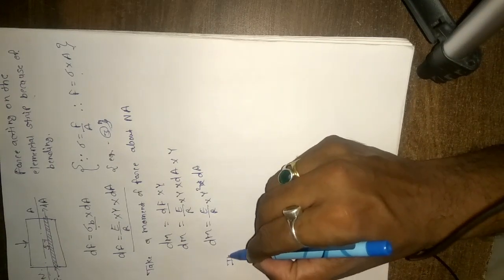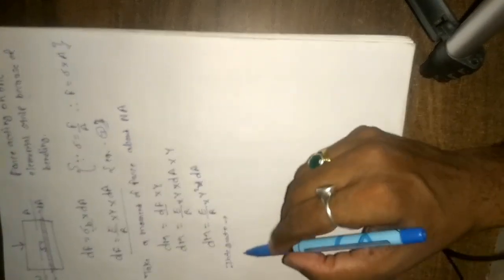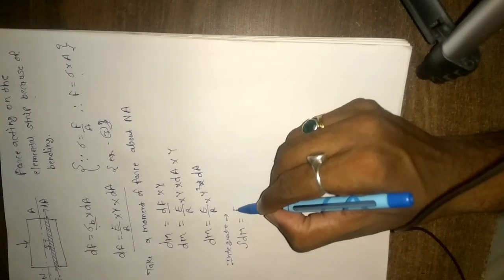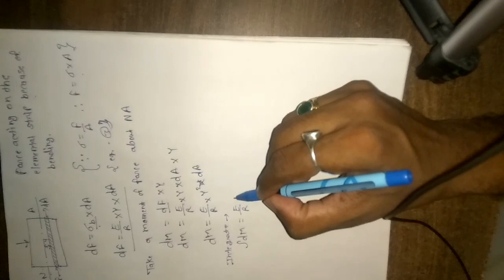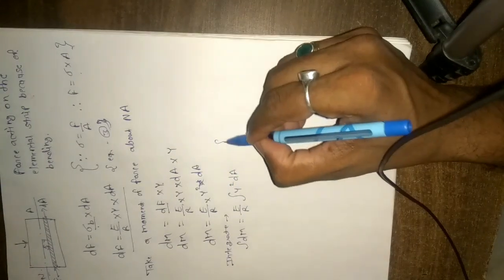If we integrate on both sides, the integration of dM equals E upon R constant, and y square dA.